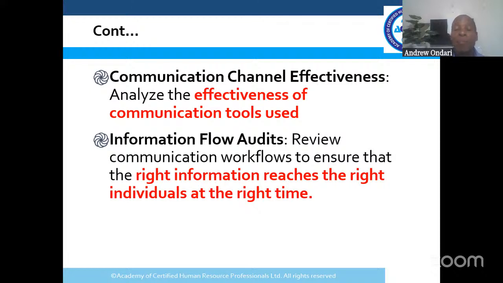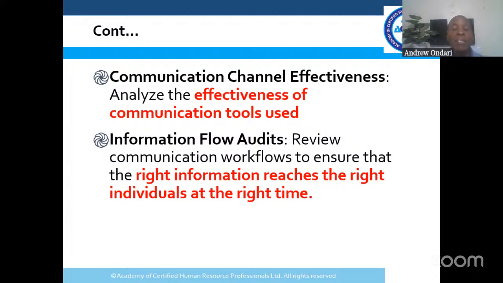And the recipient there gives feedback, which completes the communication process. So what we are auditing, therefore, in the communication flow is the encoding, the choice of the medium, the receivers, and the feedback.